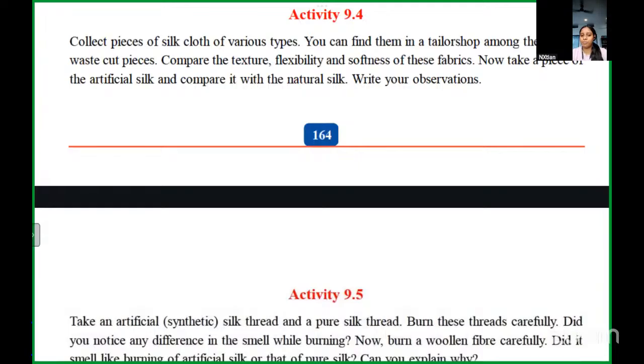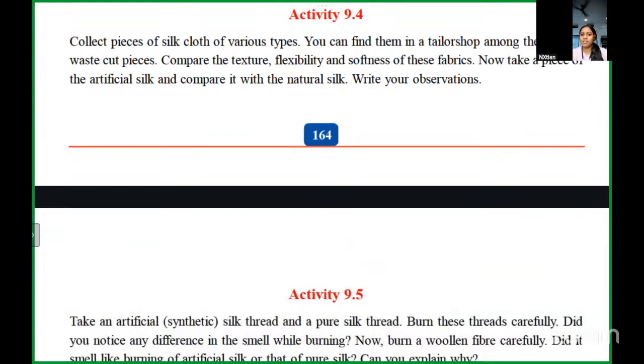I have compared it. Okay, so I'm telling you my observation. Artificial silk is heavier, and a little coarse, whereas the natural silk directly obtained from the moth is lightweight and very soft.